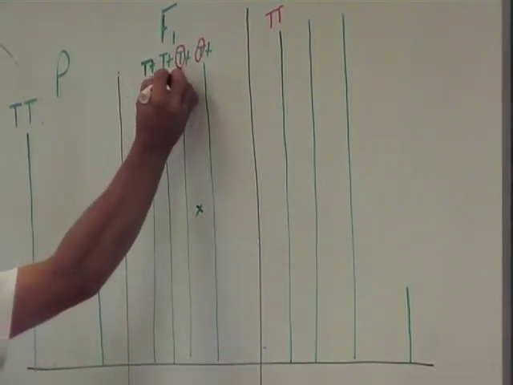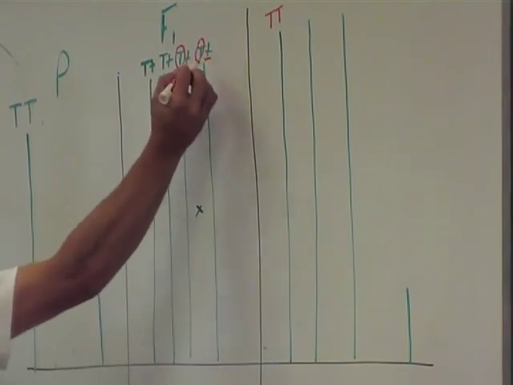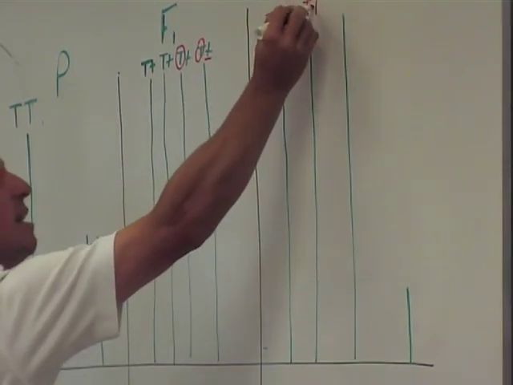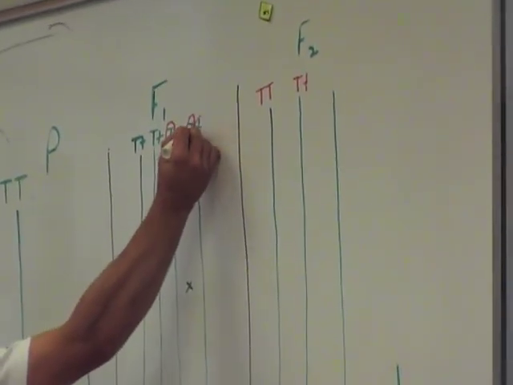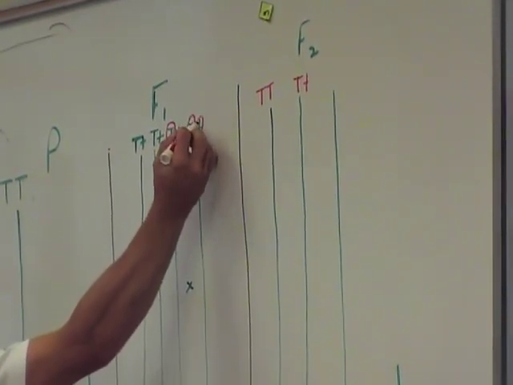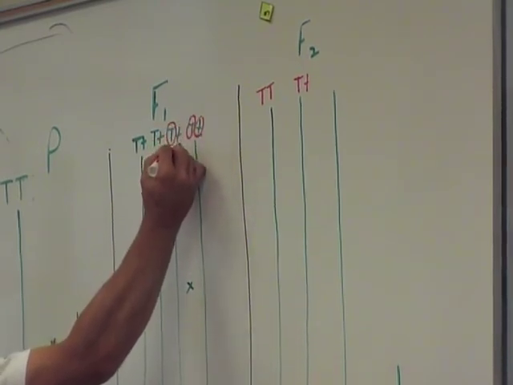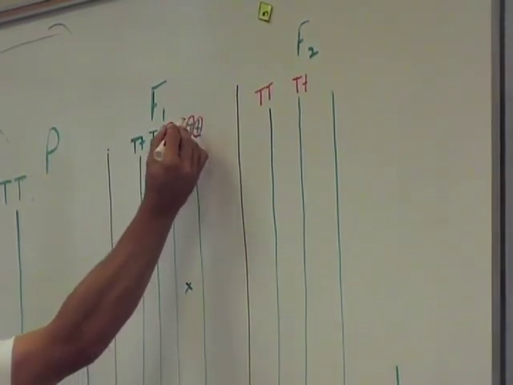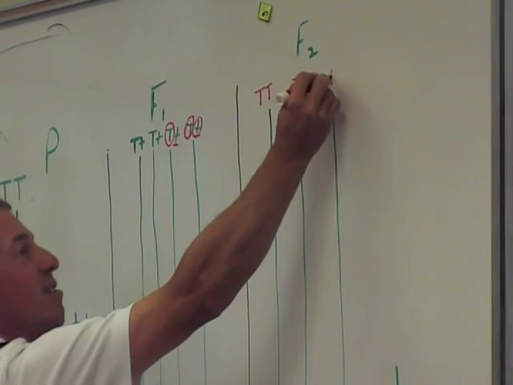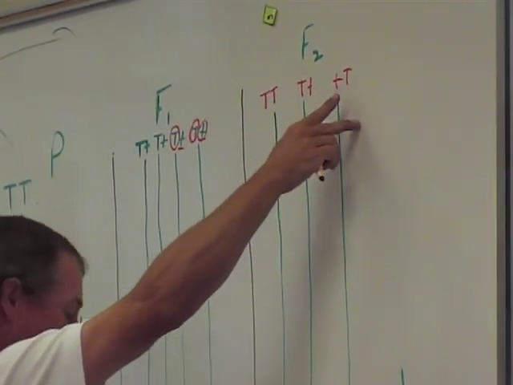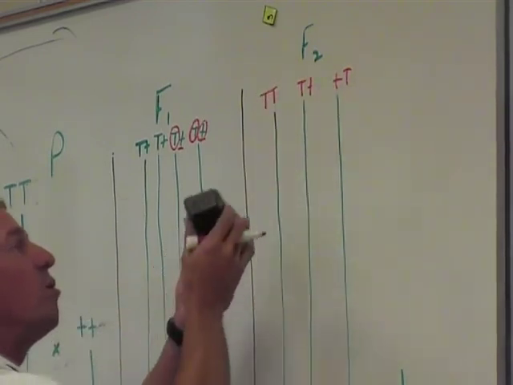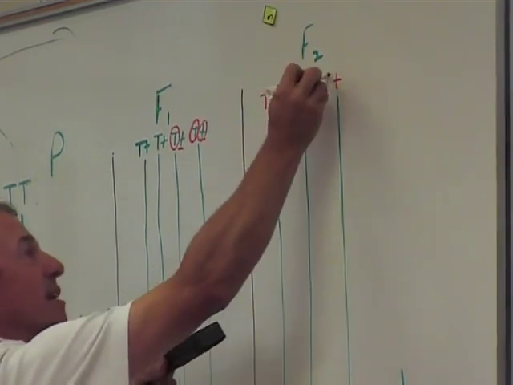This parent could give that big T, and this parent could give that little t, and it's a big T, little t. Or this parent could give this little t, and this parent could give this big T, and that's little t, big T, but you always put the uppercase letter first. So, you always write it big T, little t.